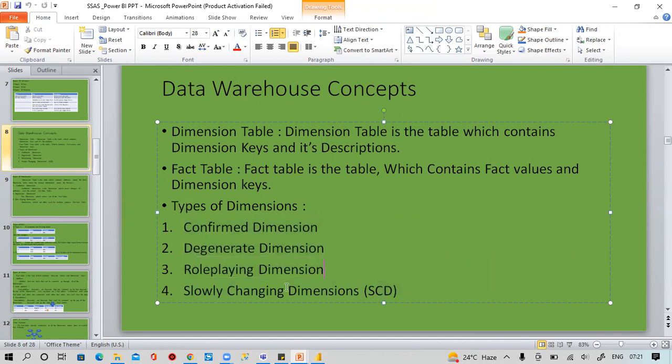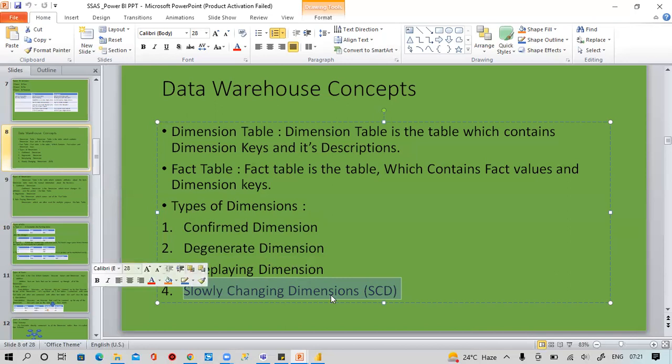Forget about that for the time being. Slowly changing dimensions, most people definitely ask this question. Then you would say there are three types of slowly changing dimensions, type 1, type 2 and type 3.